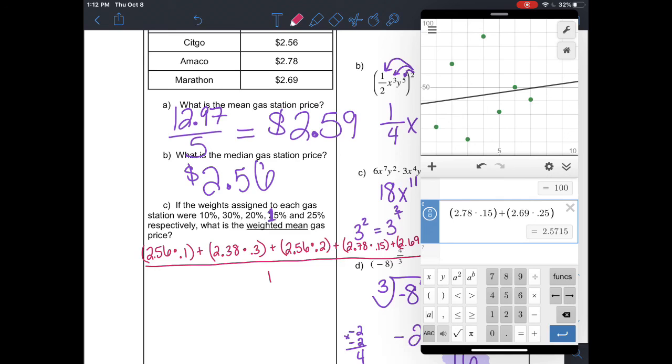Okay, and that is my weighted average, $2.57 for the weighted mean gas price.